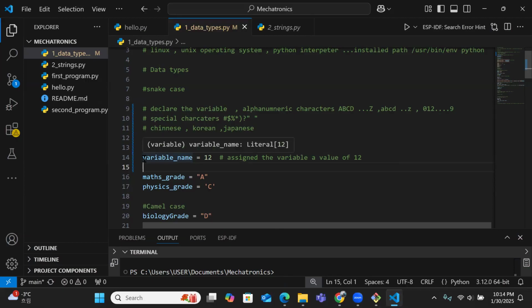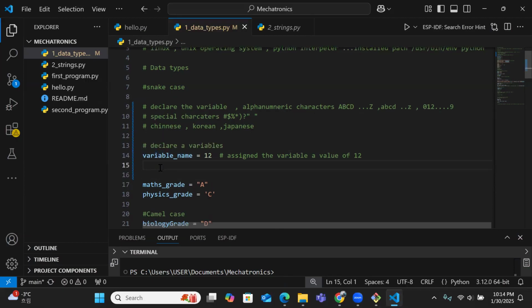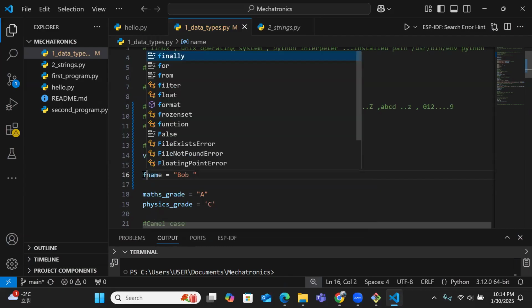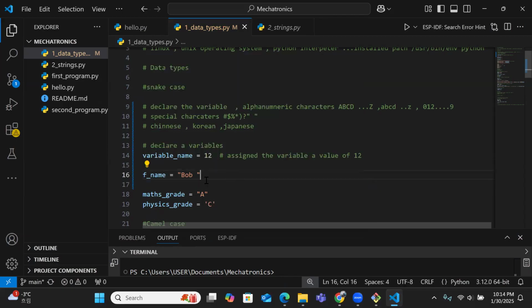So here is the variable name. For example, if I say name, my first name is Bob. Are we together? Can you hear me?